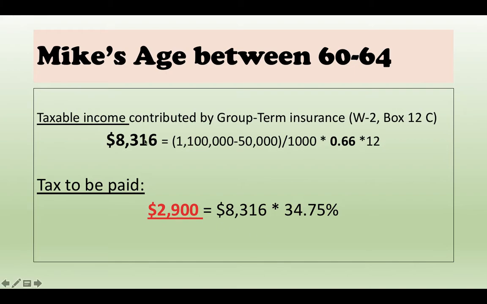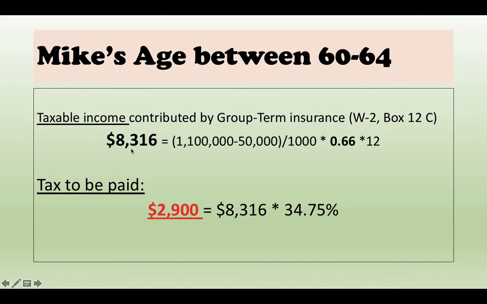The taxable income, $8,316, is the amount of taxable income contributed by the $1.1 million group term insurance.